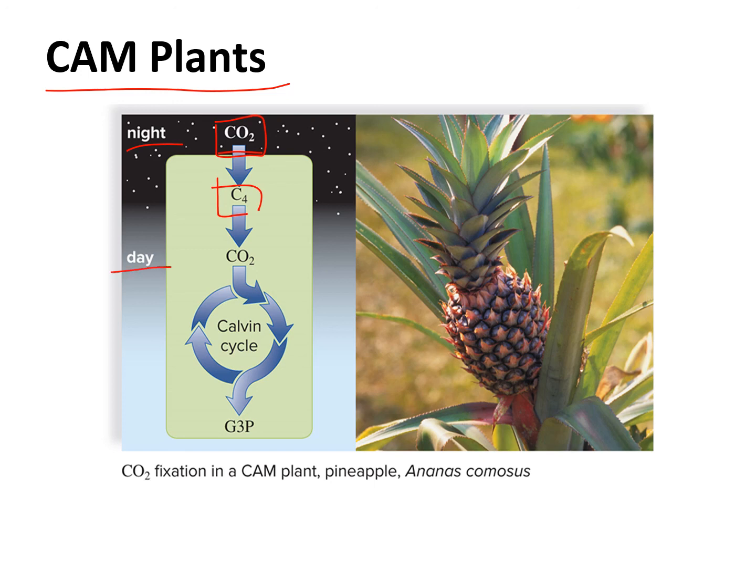So during the day, when they close their stomata to prevent water loss, they still have a source of carbon dioxide for the Calvin cycle. So CAM plants will only open their stomata at night for gas exchange and then close them during the day to prevent water loss. And examples of CAM plants are succulents, like aloe vera, and also the pineapple plant.